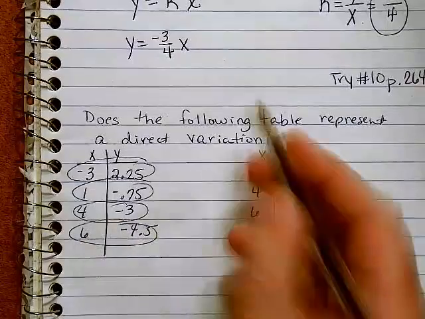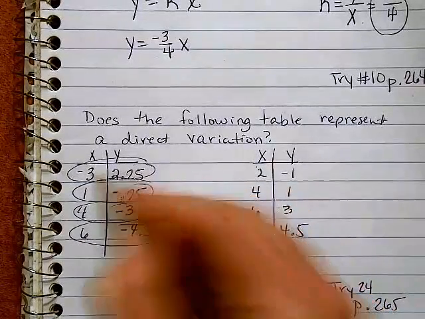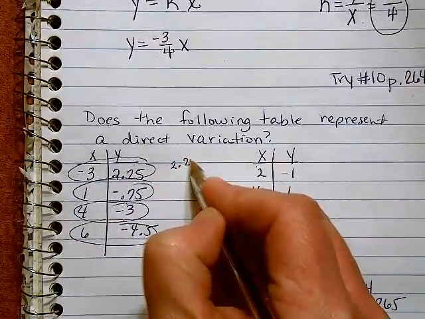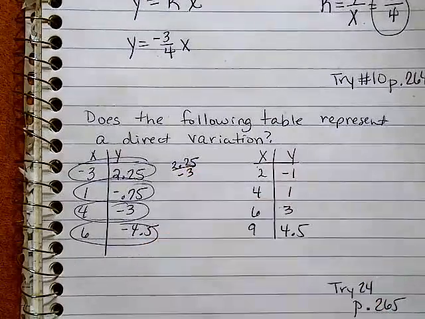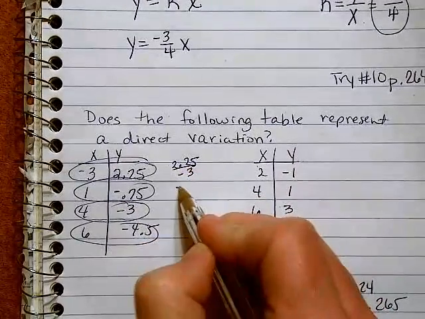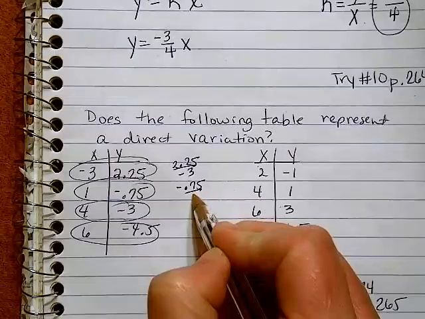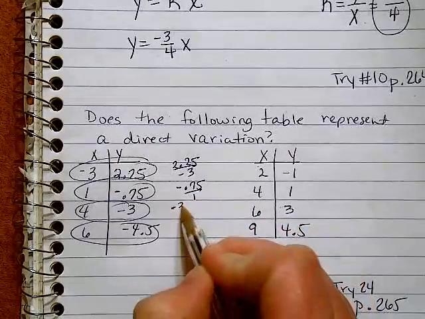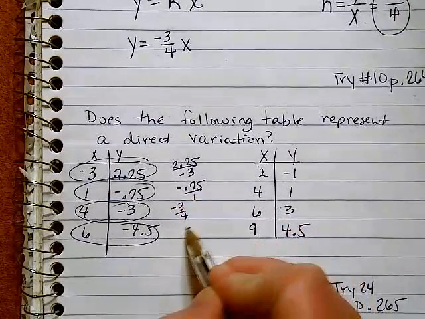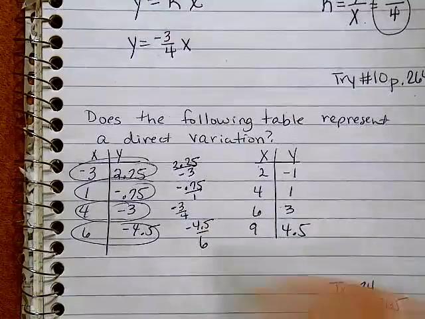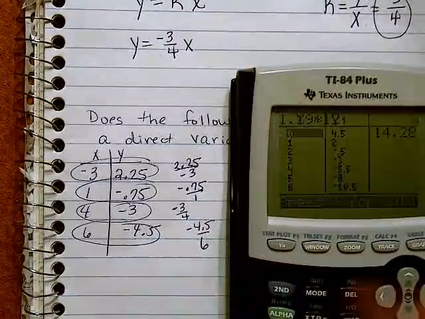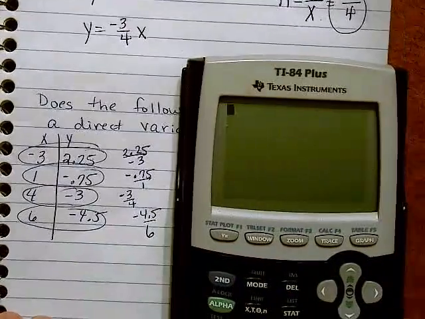So let's set it up and see what happens. Y over x, that's 2.25 over negative 3. The next one is negative 0.75 over 1, negative 3 over 4, and negative 4.5 over 6. Now, I'm going to put those in my calculator and check their values.